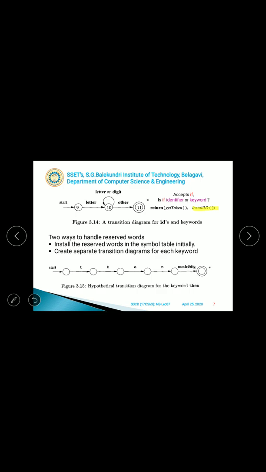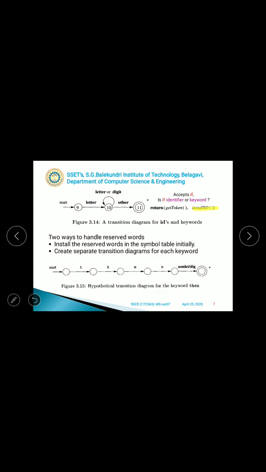One example is taken here, it is then, means then is a keyword. Assume that this is not an example of C programming language, it's an example of Pascal programming language. In Pascal, you are going to use the keyword then. So what you are doing here, you are moving from the start, then it moves to the next state by consuming t, then again it moves to the next state by consuming h, like that.